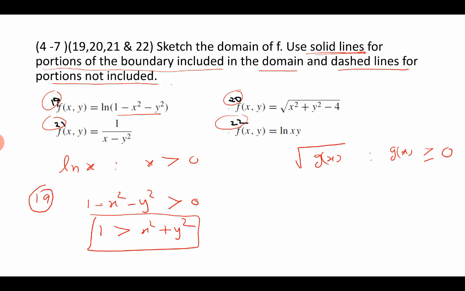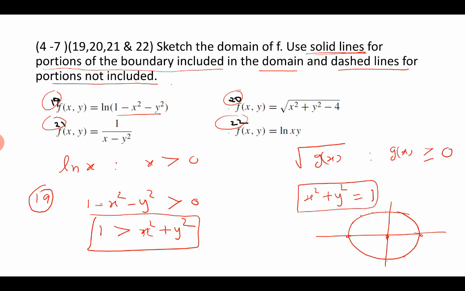So all x and y should satisfy this condition. Remember one thing, when you write x square plus y square is equal to 1, it is a circle whose radius is 1 and center is 0. All the points on the circle will be denoted by this equation.